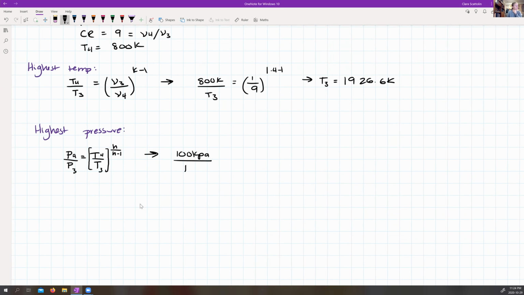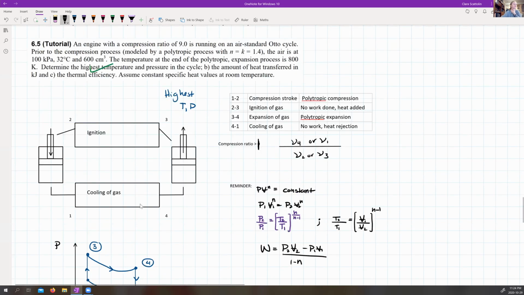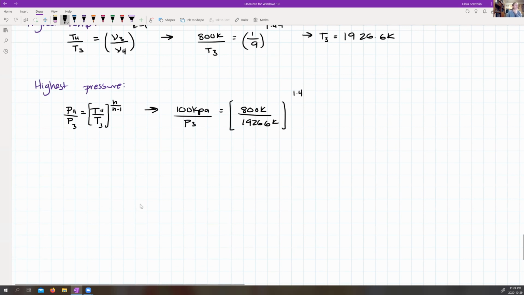I'm asked to find P3. I know my T4, I just had it. It was 800 Kelvin, and my T3, I just solved for it. And this is going to be 1.4, yes. 1.4 divided by 0.4.